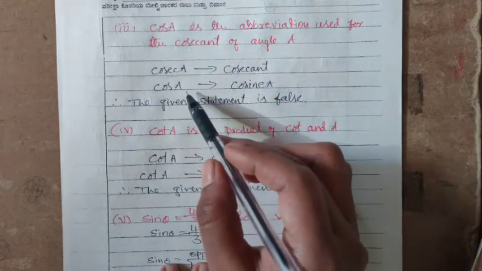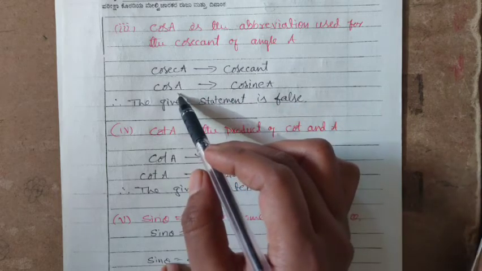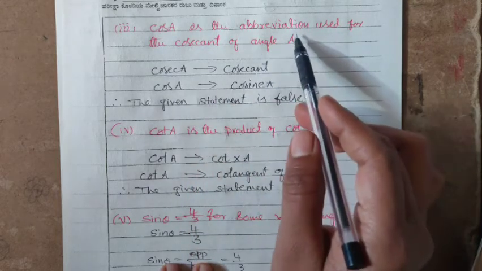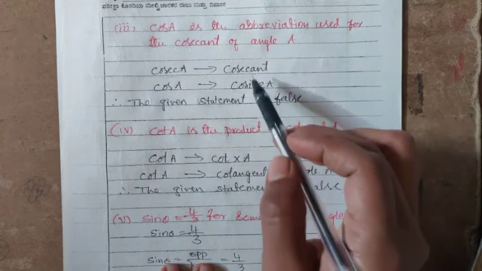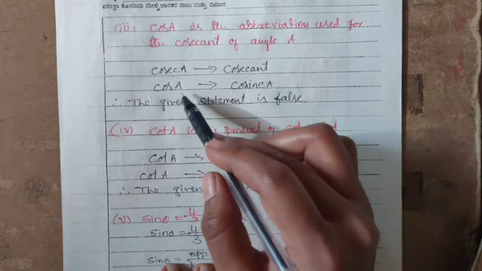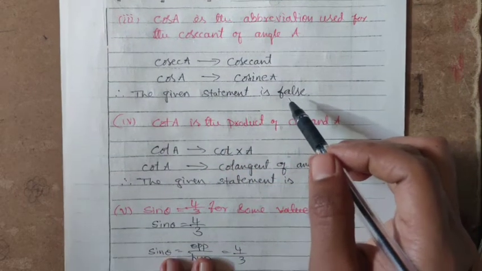The abbreviation of cosine A is cos A. That's why the given statement is false.